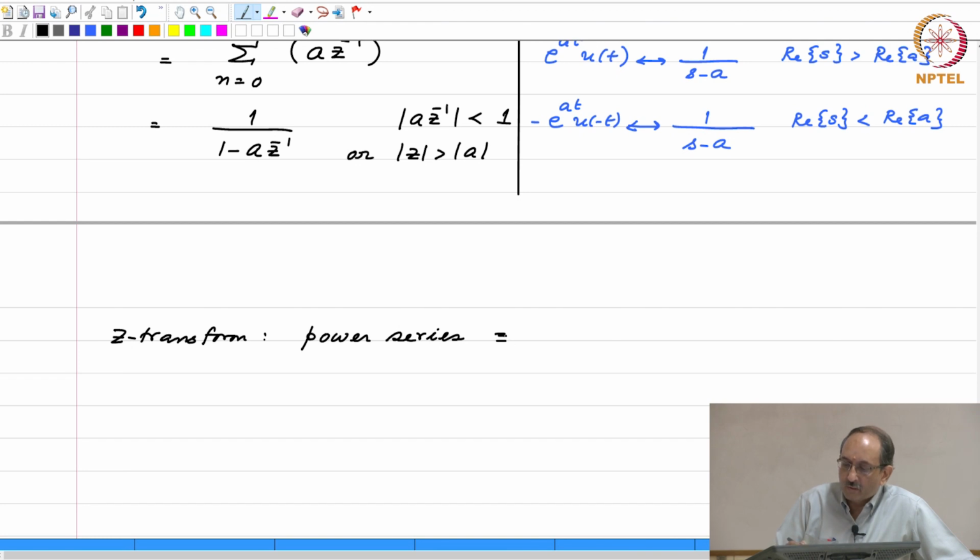So, typically a power series will have an algebraic expression plus ROC.